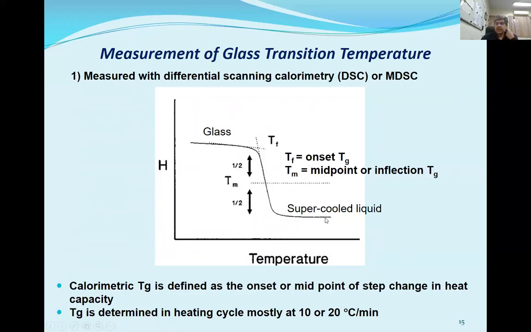Now, the interesting aspect here is that we have discussed measurement of the Tg when we are heating the amorphous sample. Suppose the sample has been heated and has entered into the supercooled liquid state. If you then cool it back, which means you follow the reverse path, the Tg will again occur at the same point.